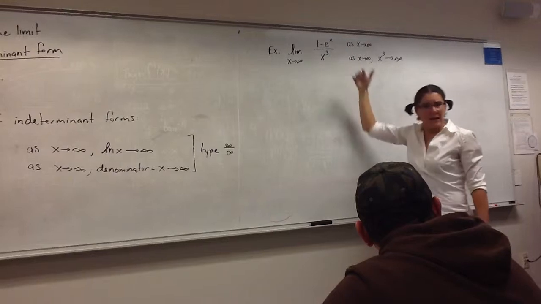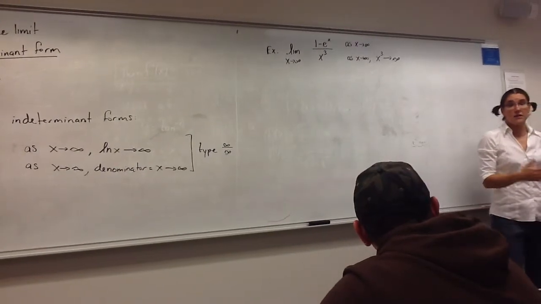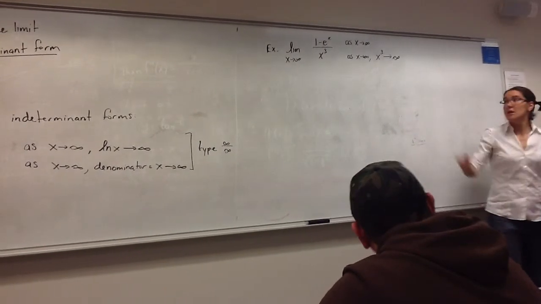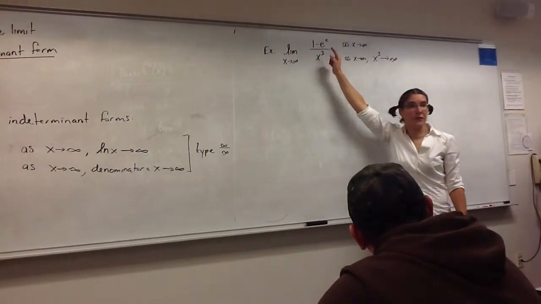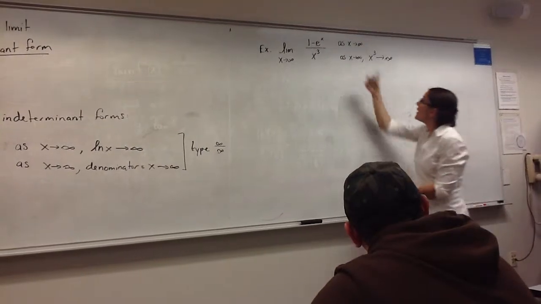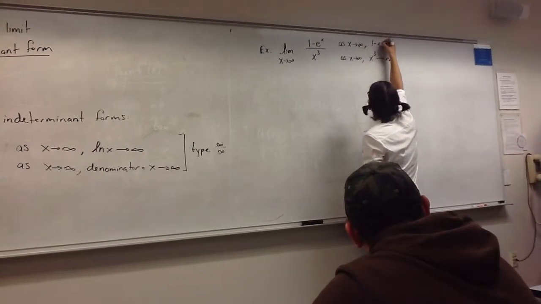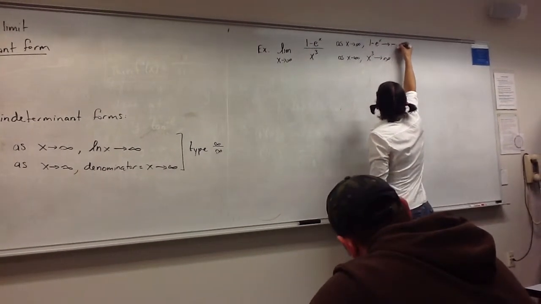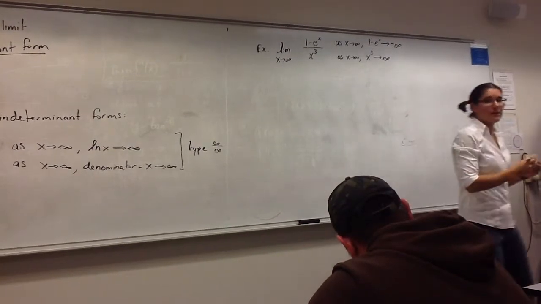And so as x gets really big, e to the x is getting really big also. But we have 1 minus something really large, which means that as x goes to infinity, our numerator 1 minus e to the x is going off to negative infinity.